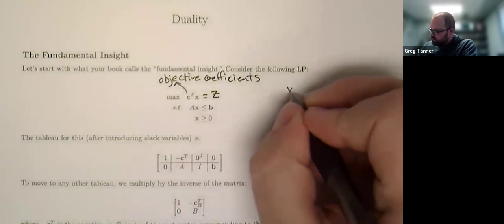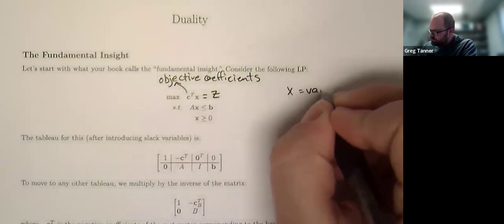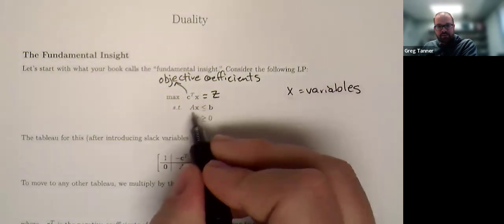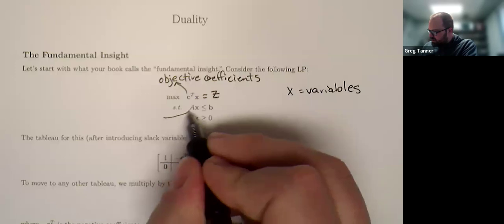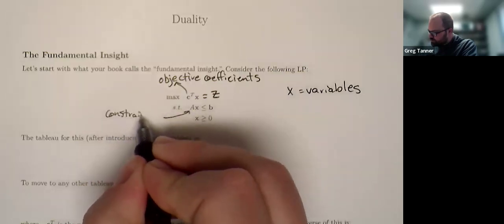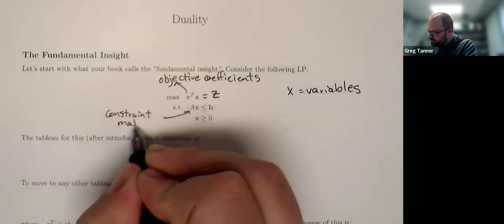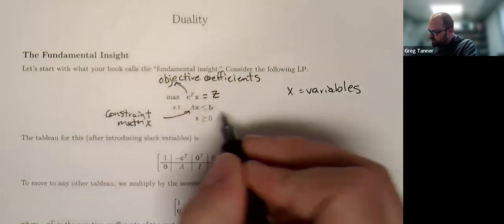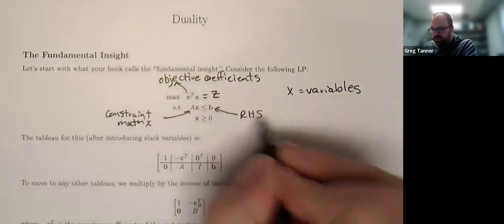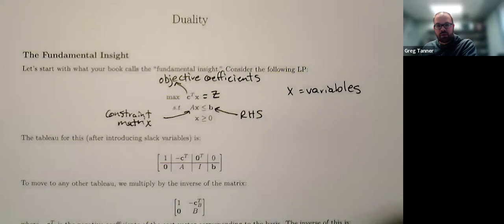X is our variables. And so A times X, that A is the constraint matrix. And then the B is the right-hand side, essentially the limits of each of the constraints.